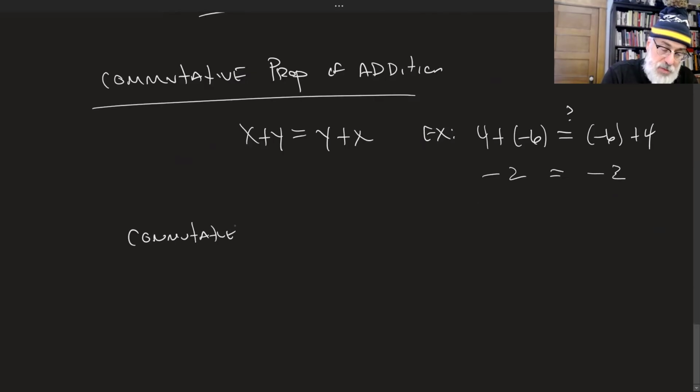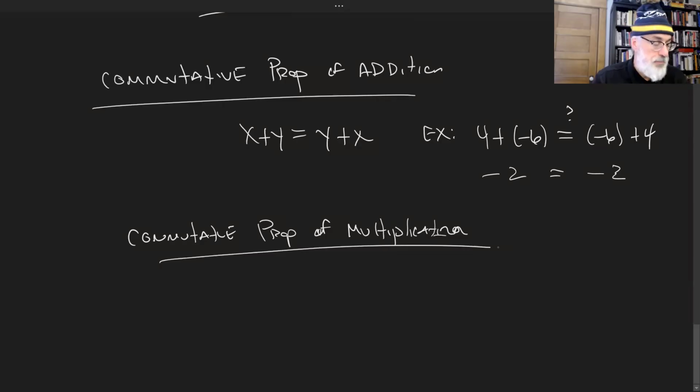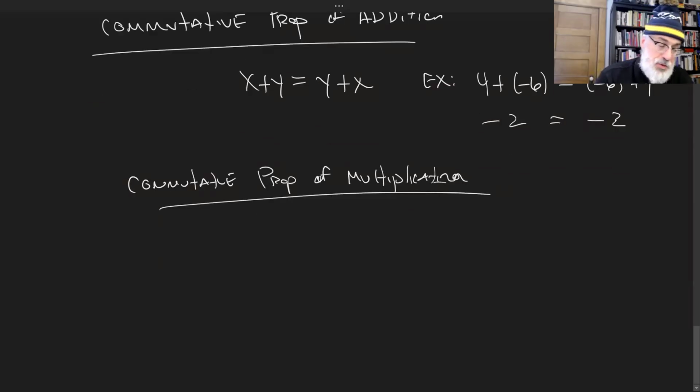So we have also a commutative property of multiplication. And we use variables. Let's say x times y, it will be the same as y times x, meaning the order in which we multiply things shouldn't matter.